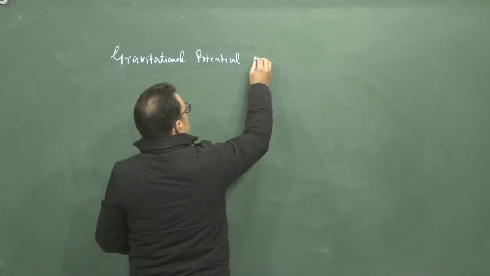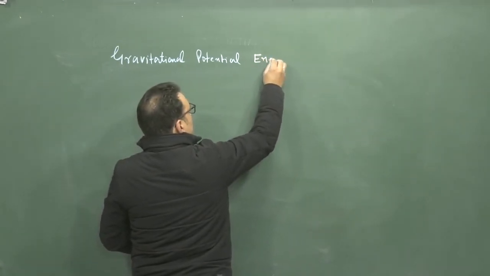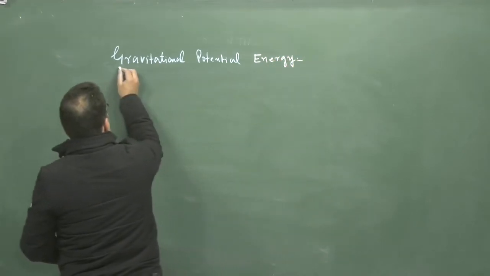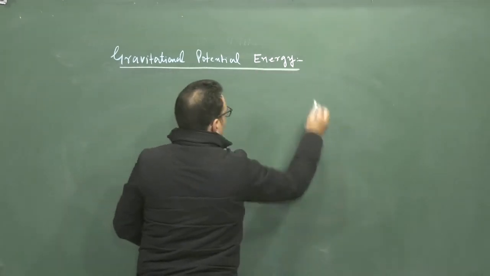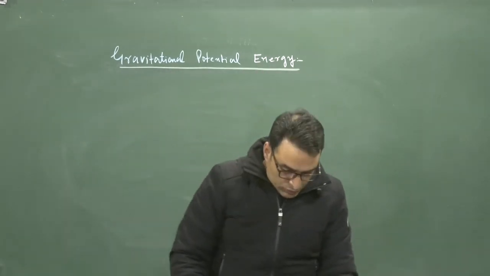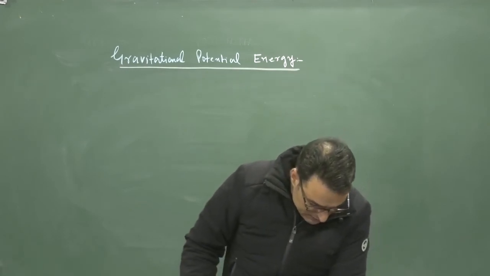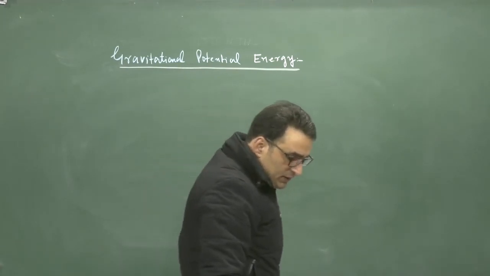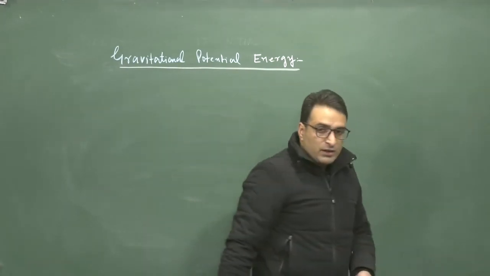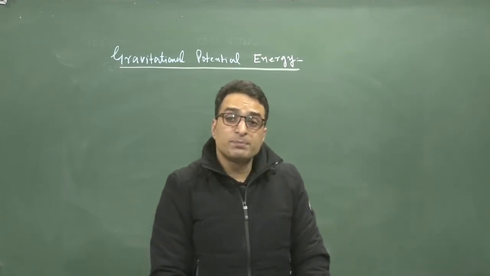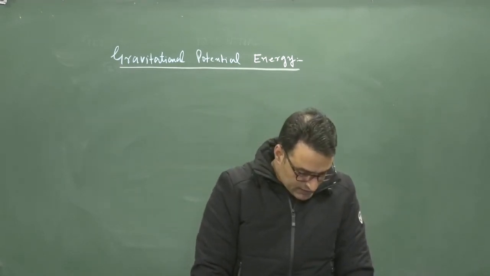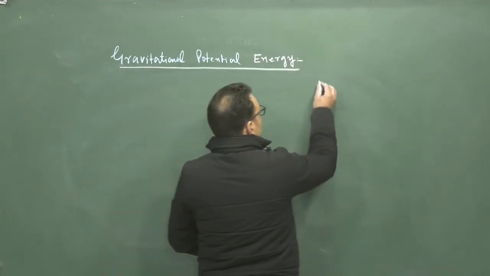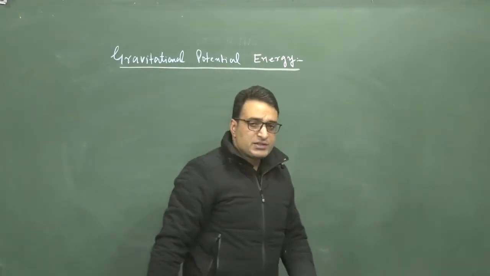To define the gravitational potential energy at a point, we need to define the position of zero potential energy. That position is known as the zero level of potential energy.